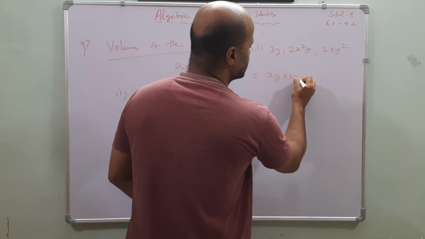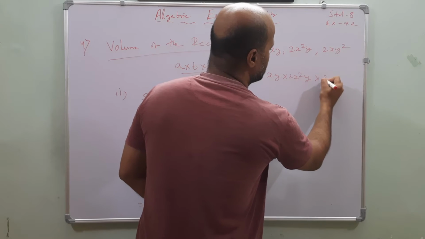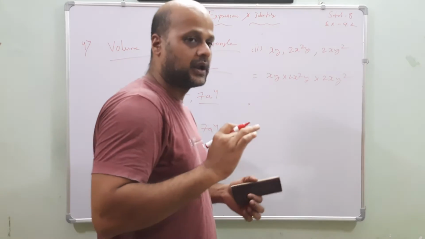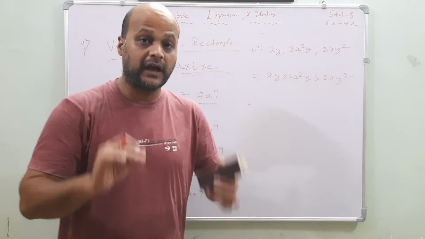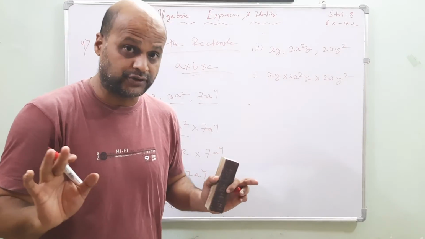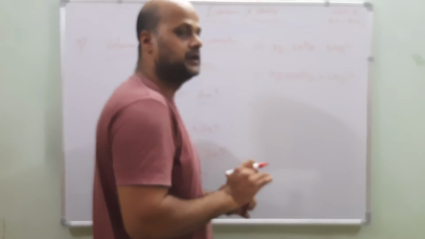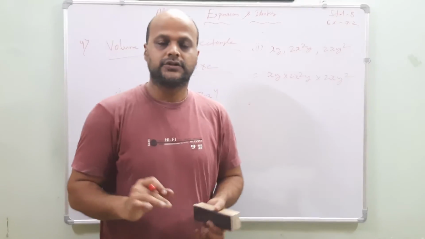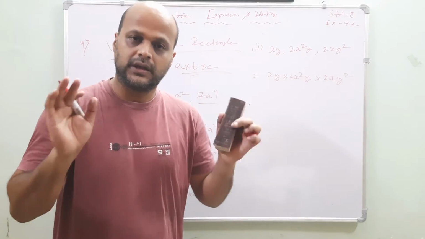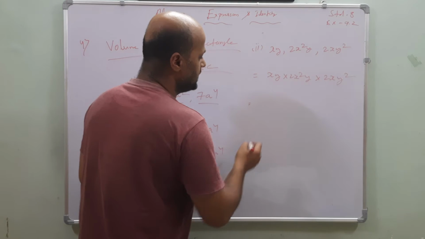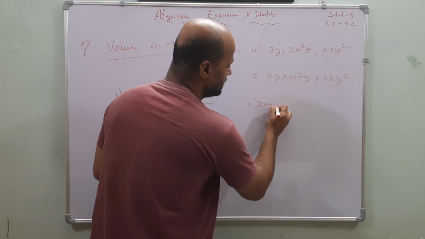xy into 2x square y into 2xy square. Always be careful whenever you are multiplying the x variables, because variables have powers. Whenever you are multiplying the variables, you have to remember the exponent power formulas so that you can easily solve the question.